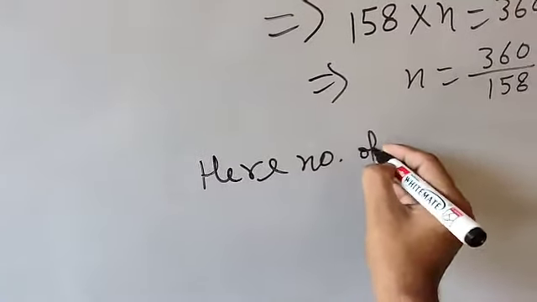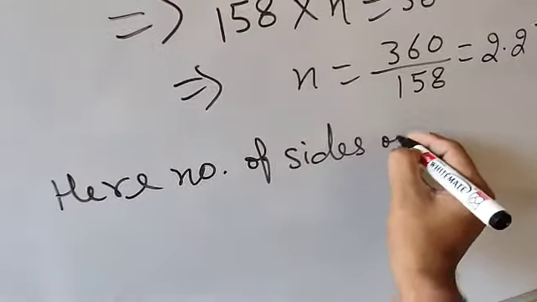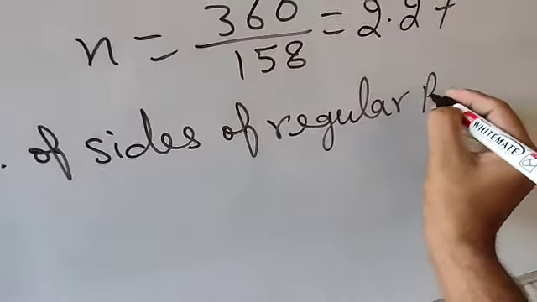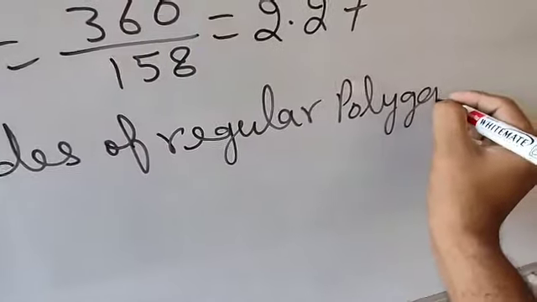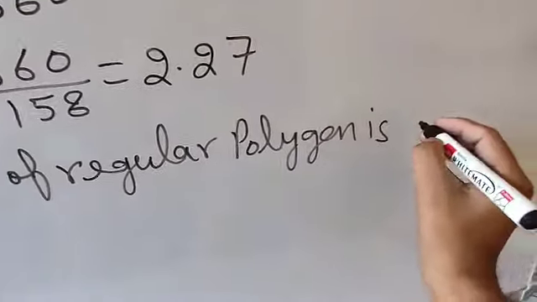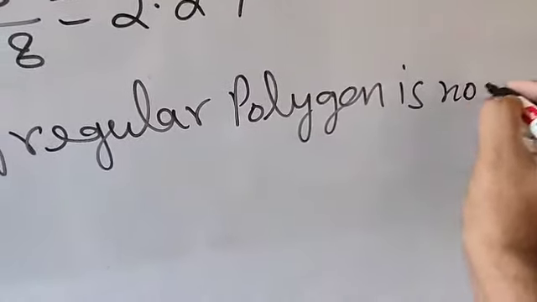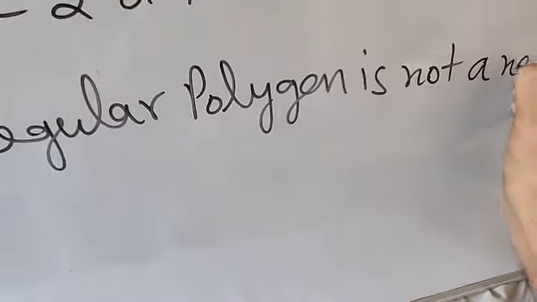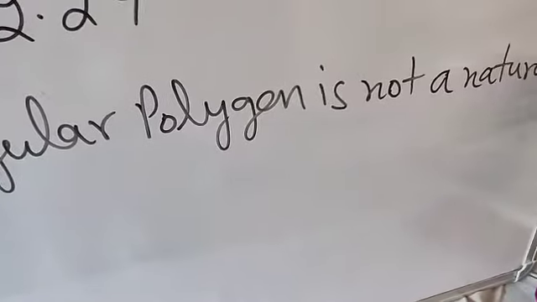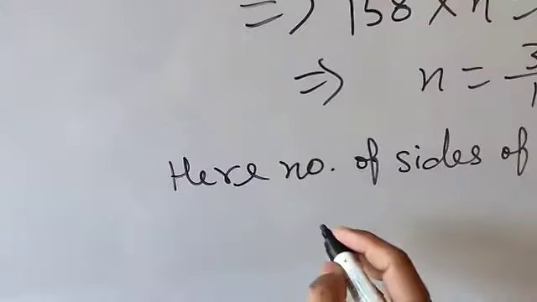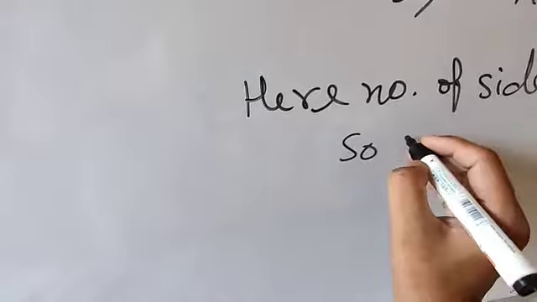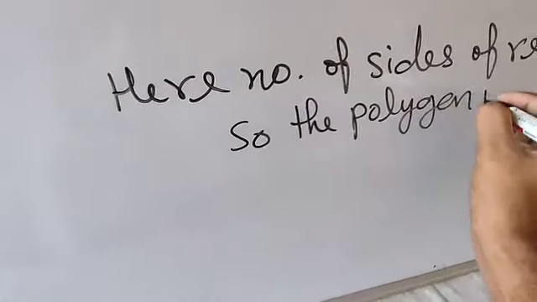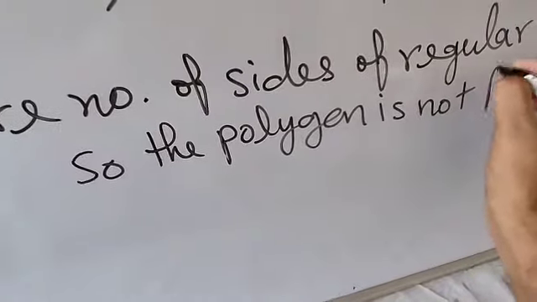So here you can say that the number of sides of a regular polygon is not a natural number, so the polygon is not possible.